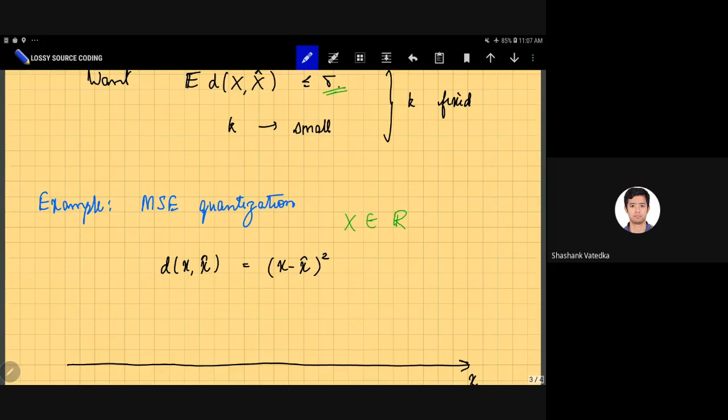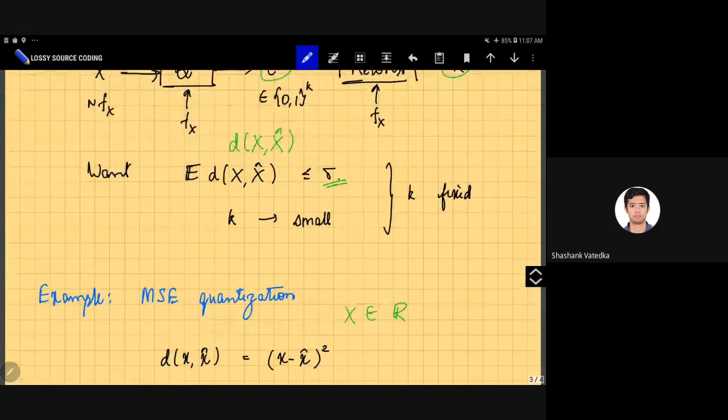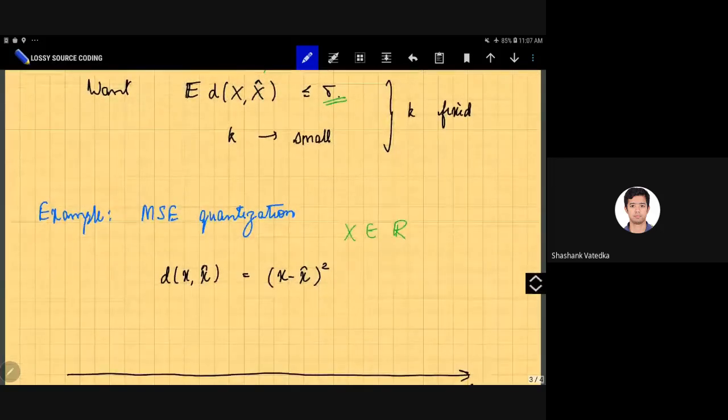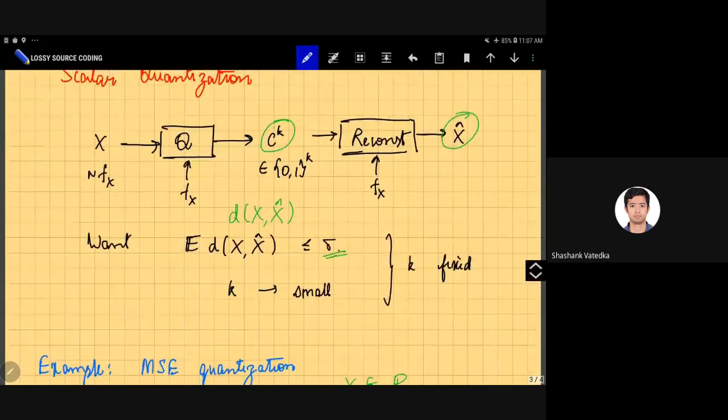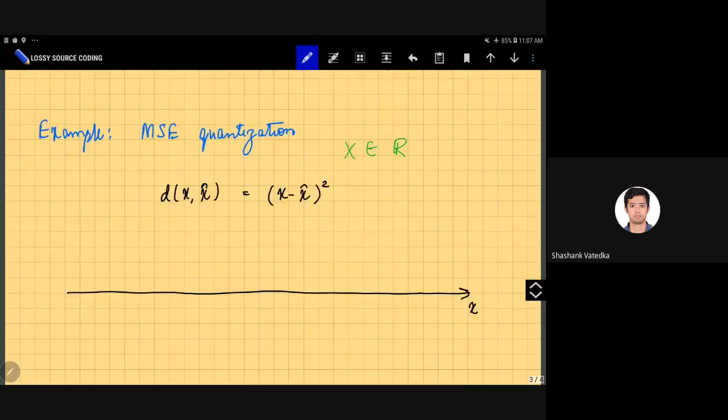If ck is the quantized version of x, then basically this means that the reconstruction can have at most 2 to the k different levels. All right. So k bits can correspond to 2 to the k possible values of x hat.